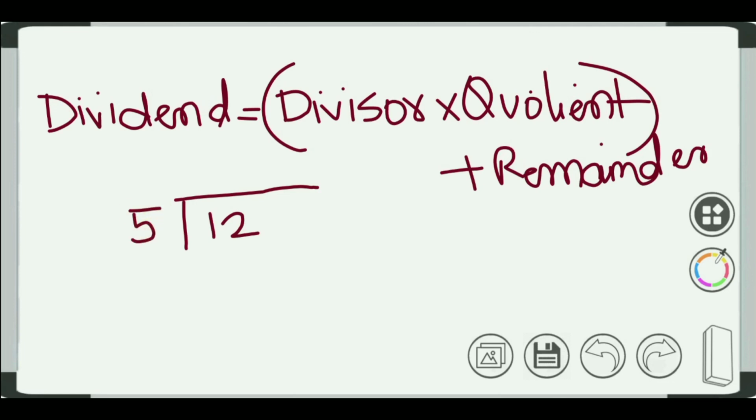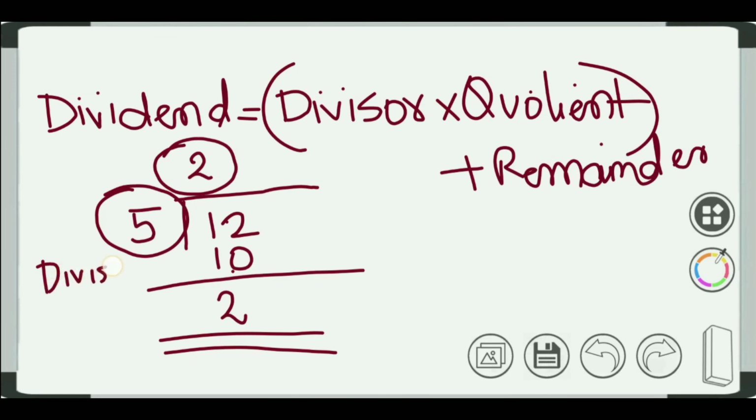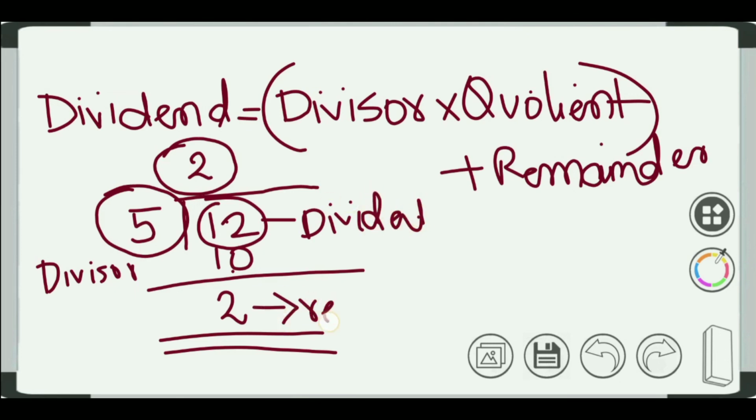If I am dividing 12 by 5, I will take 5 2s are 10, 12 minus 10 is 2. So here you can see 2 is the quotient, 5 is the divisor, this 12 is the dividend, and this 2 is the remainder.